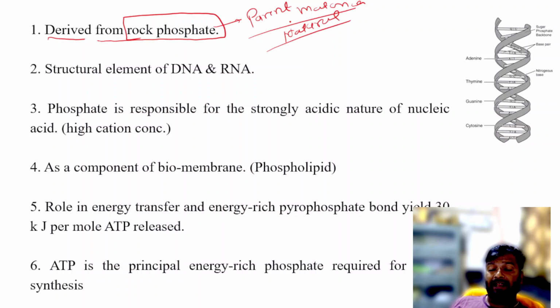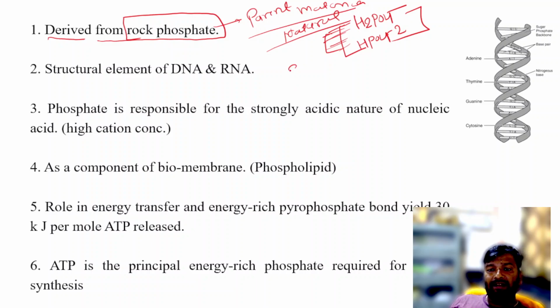Okay. And in the plant it is available in the form of H2PO4 minus or HPO4 minus 2. These two forms are available to the plant as phosphorus.